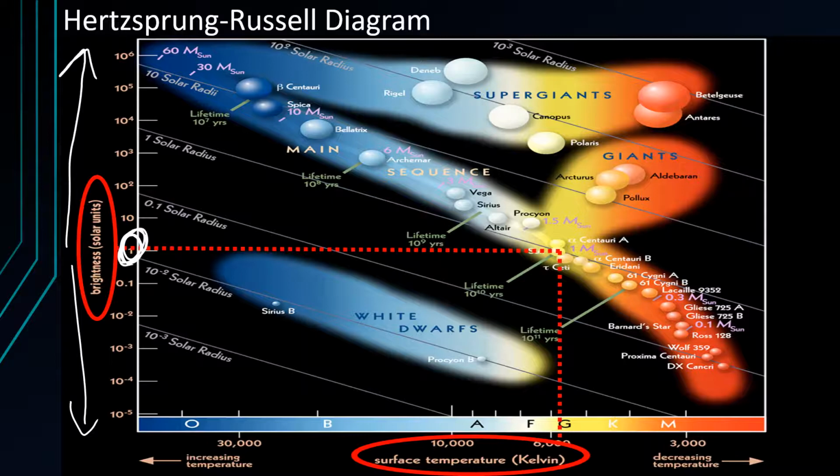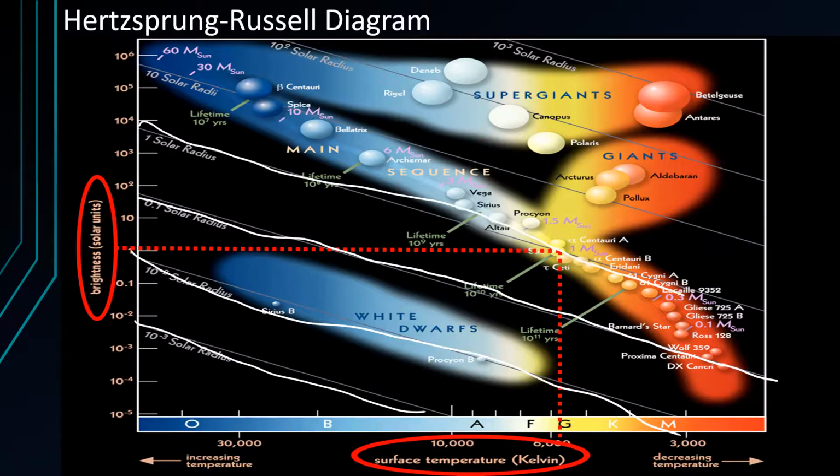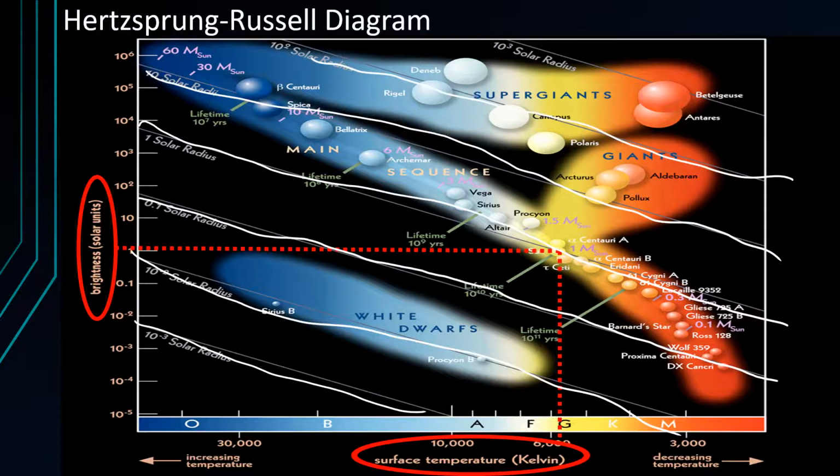So we can also, on the HR diagram, get an idea of how big a star is. So these lines that go across here, and please excuse my drawing, you get the idea, these are different solar radii.